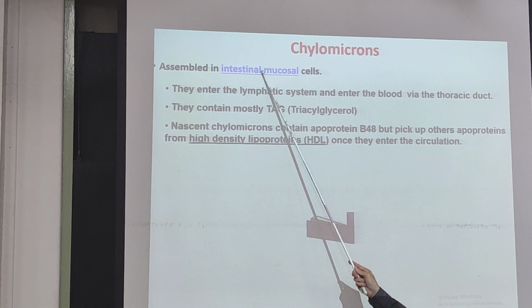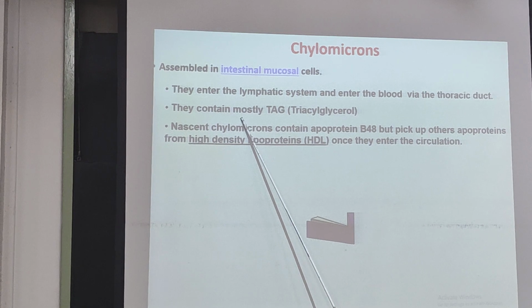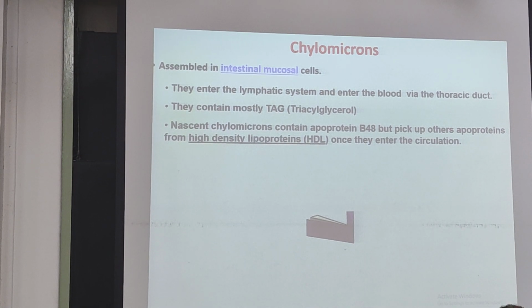After assembling, they enter the lymphatic system. They don't go by blood circulation to other peripheral tissue; first of all, all lipids go to the lymphatic system.